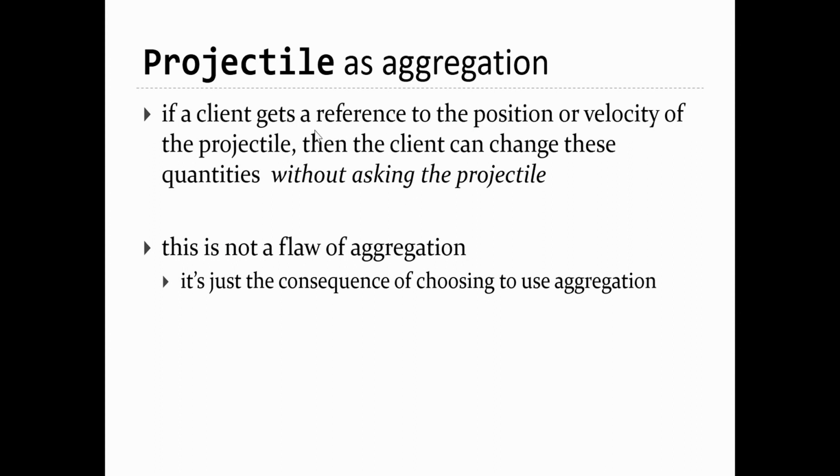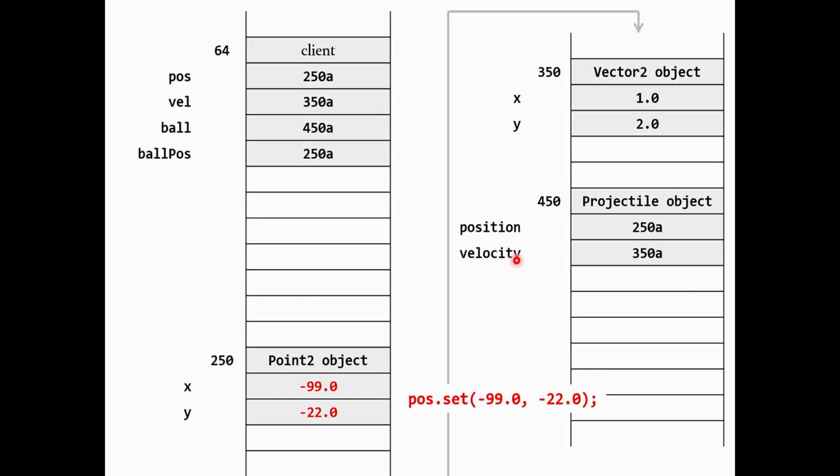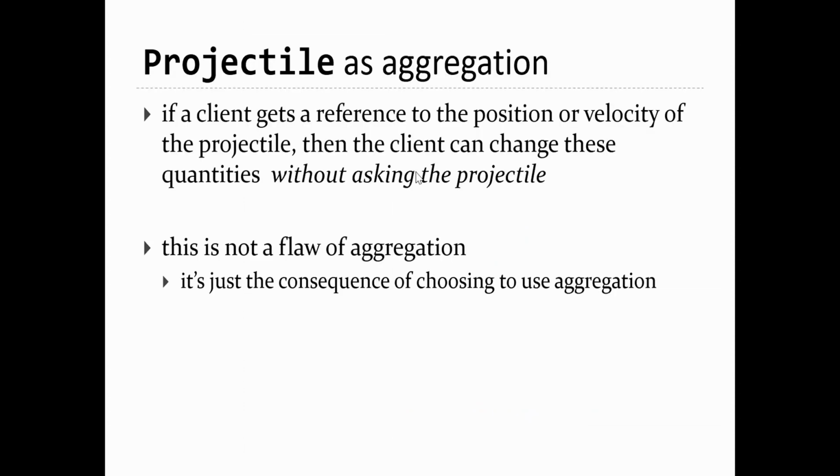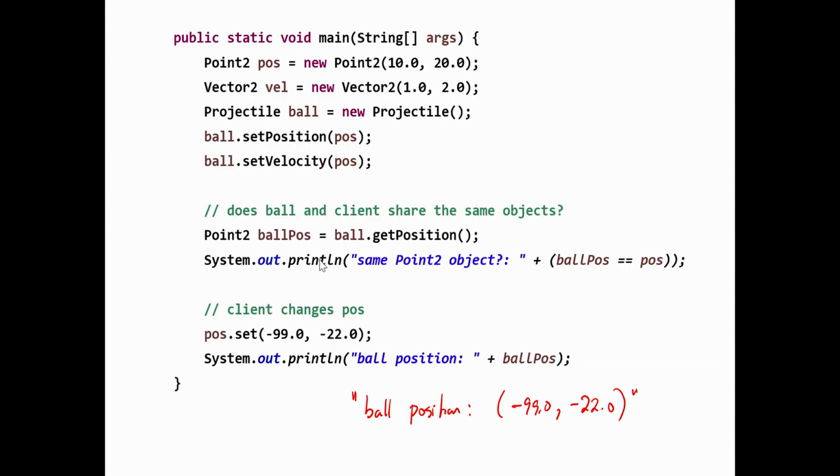So if somebody can get a reference to that position or the velocity of the projectile, in other words, if someone can get a reference to that or that, then that person can change the position or the velocity of the ball without asking the projectile. So in other words, I can make a projectile right here, set the position and the velocity of the ball once, and then I never move the ball again directly.